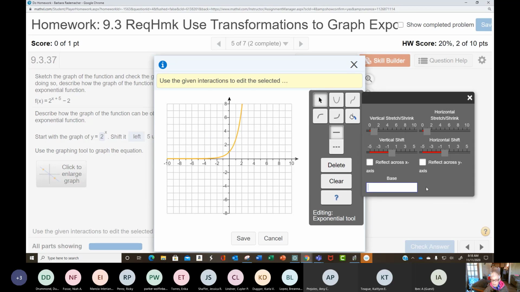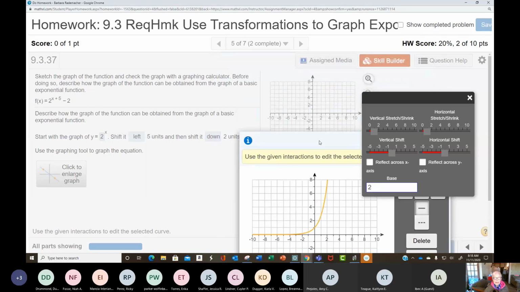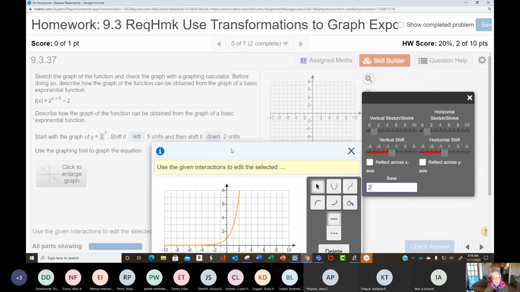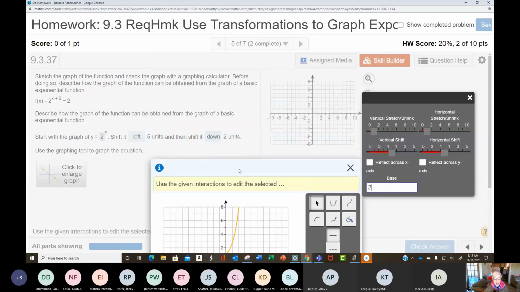So just go ahead and get rid of the e and put a 2. Now, notice that when you do this, you've already decided you don't even really need to have the graph up there if it will cooperate. Of course it won't, but at least I can temporarily drag it.